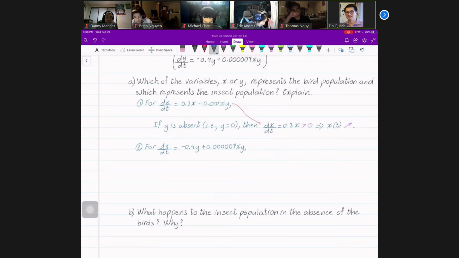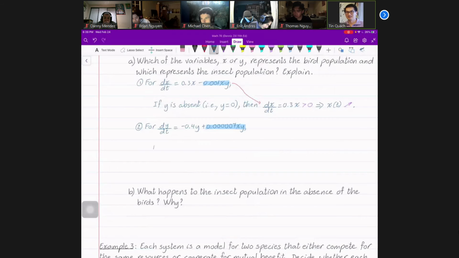So right here, this is the term that will help you determine, because that is when the two populations interact. Same thing up here. This is the term that tells you that they interact. So in this case, you want to study the population of y. So you want to find out what happens when x is absent, right? So if x is absent, that is x is 0.